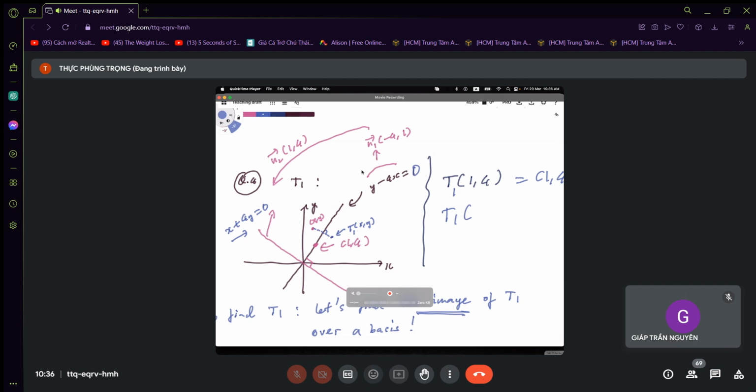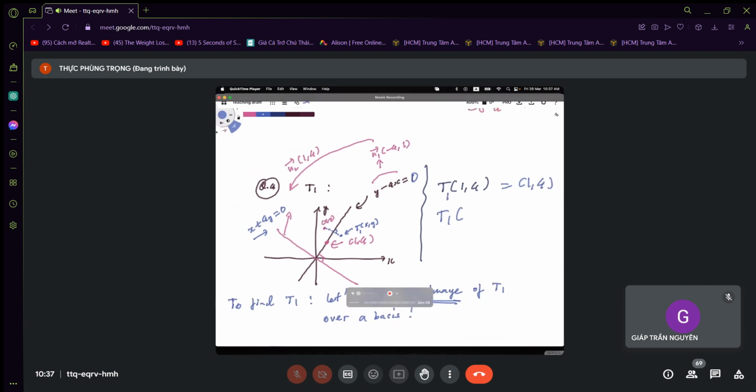In order to find this, you look at a normal vector we have for the line. At first we have (minus 4, 1), so the one right here would be perpendicular to this, so you have (1, 4), right? Now, is that right? Any question?